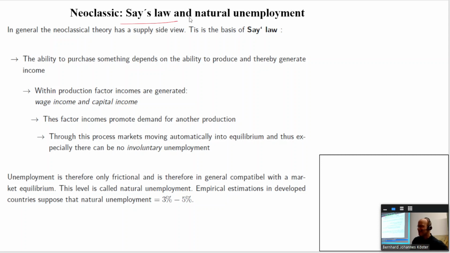Labor income and capital income, sorry. Well, and then we can also say if there is income, there's again demand because we want to spend our income. And then somehow a circle starting from the supply side is initiated in our economy.